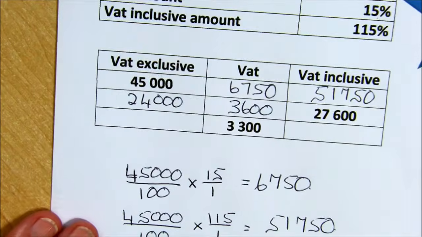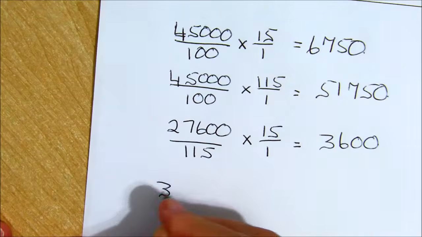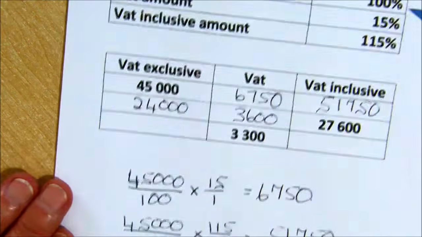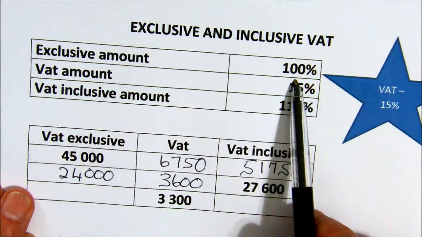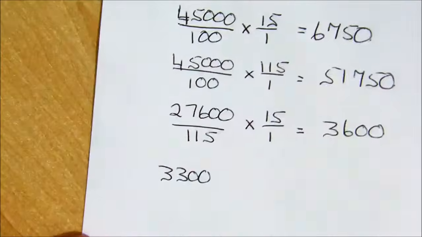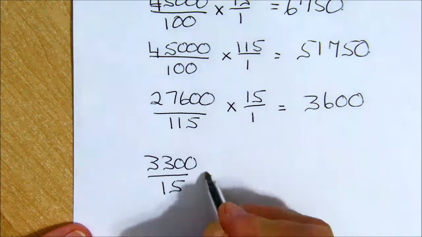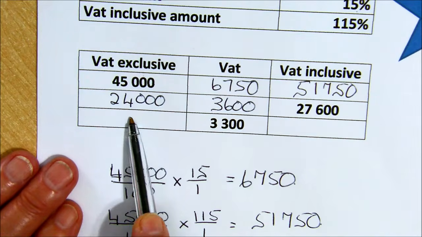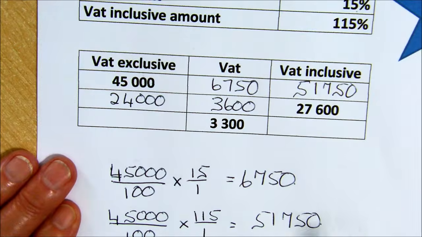And then lastly, they can give you the VAT amount. Now, same principle. We're given 3,300. But this is the VAT amount. Now look back at our table. The VAT is 15. So we know what 15% is. So we're going to divide by 15. I'm going to times by, and again, I can either get the exclusive amount or the inclusive amount. It's not going to make a difference which one you do.